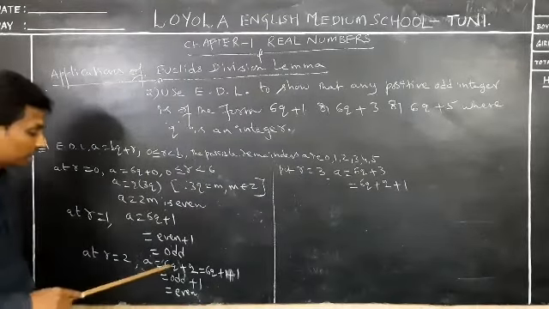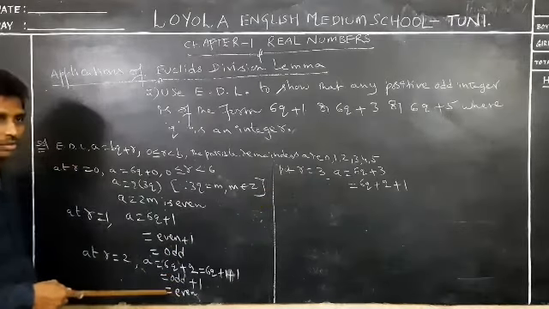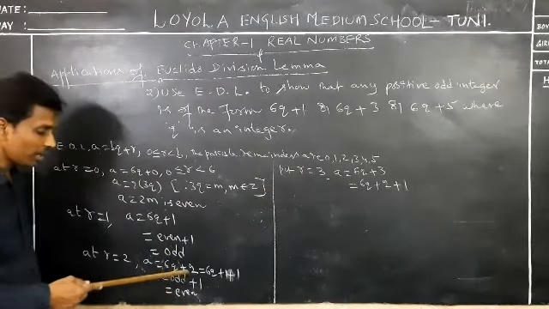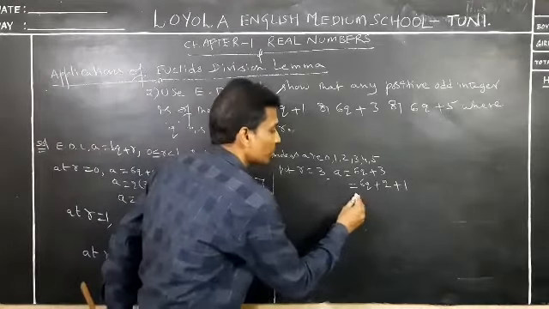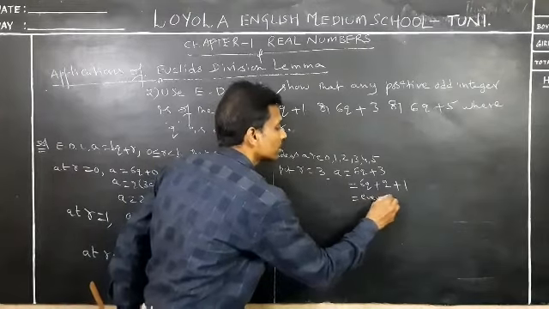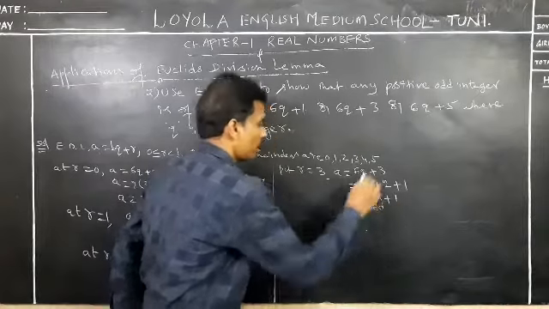Why? Because 6q plus 2 is nothing but the previous step above. So we know the value of 6q plus 2 is even. So instead of 6q plus 2, may I write even plus 1. Now the result becomes odd.